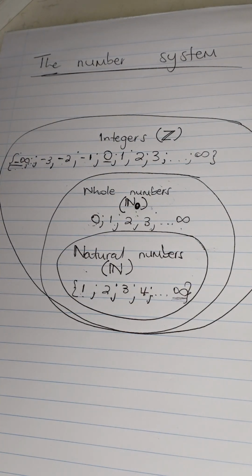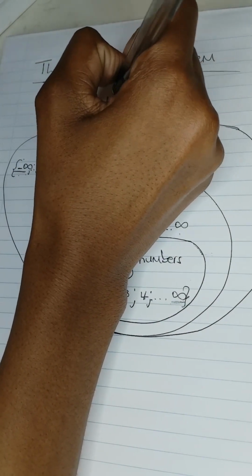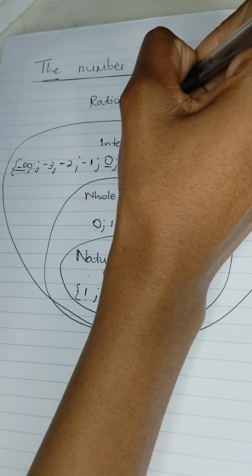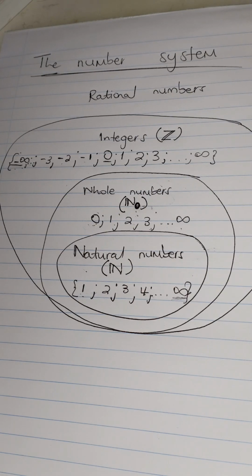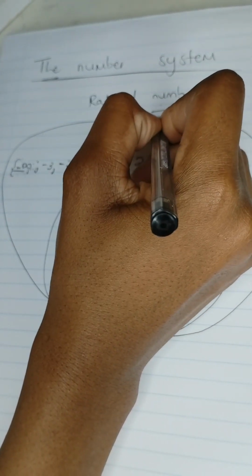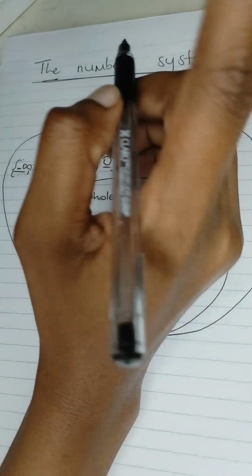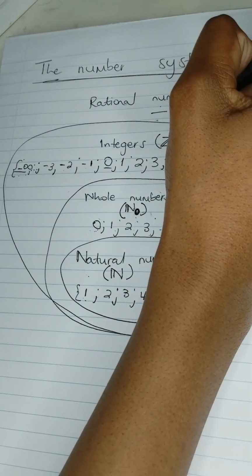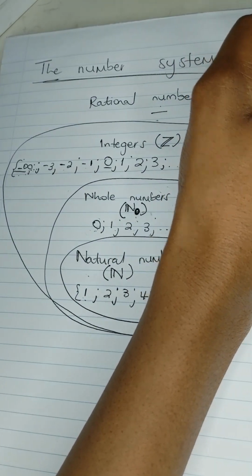Okay, we go to the third one, which is rational numbers. Rational numbers are numbers that can be written as fractions.